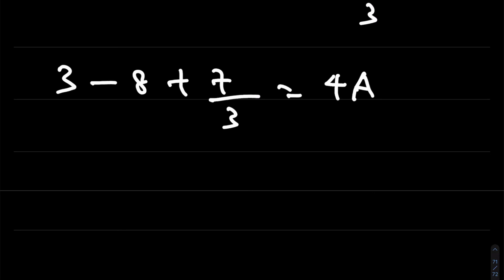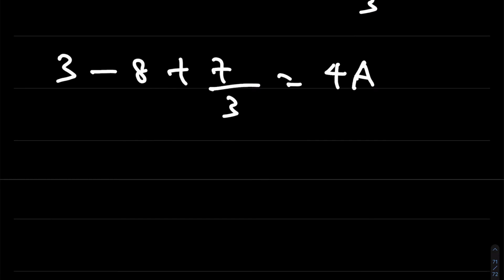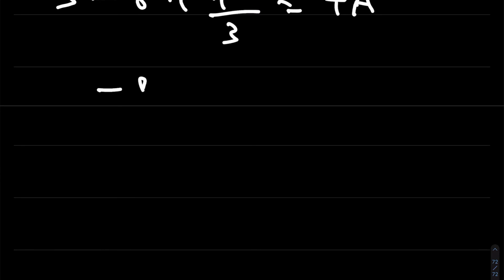Now what do we get when we simplify the left hand side? 3 minus 8 is minus 5. So what's minus 5 plus 7 over 3? That's simply minus 8 over 3. So that means minus 8 over 3 equals 4a.